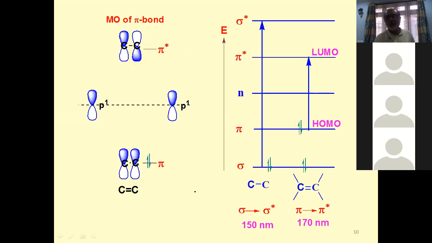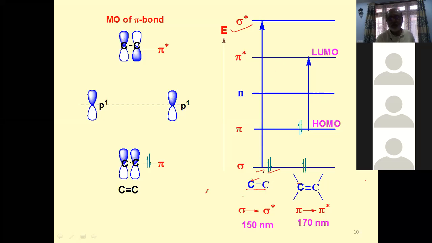Now I am giving another picture here with a more complete situation, like a carbon-carbon bond. Suppose we have a molecule with a carbon-carbon single bond. In a carbon-carbon single bond, what is there? Only a sigma bond. So we'll have sigma and sigma star, and the electrons will be present here.